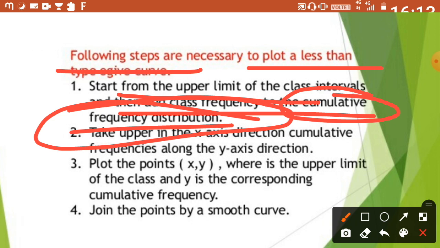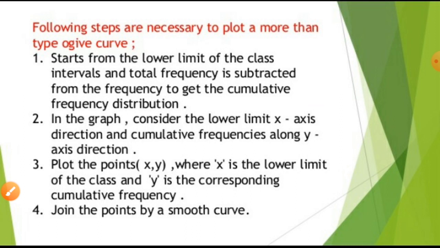Let me explain first how to determine the cumulative frequencies in less than ogive as well as in more than ogive. After solving a problem, it becomes easier to understand the steps. So let's move to the problem, then I will explain how we plot the ogive curve.